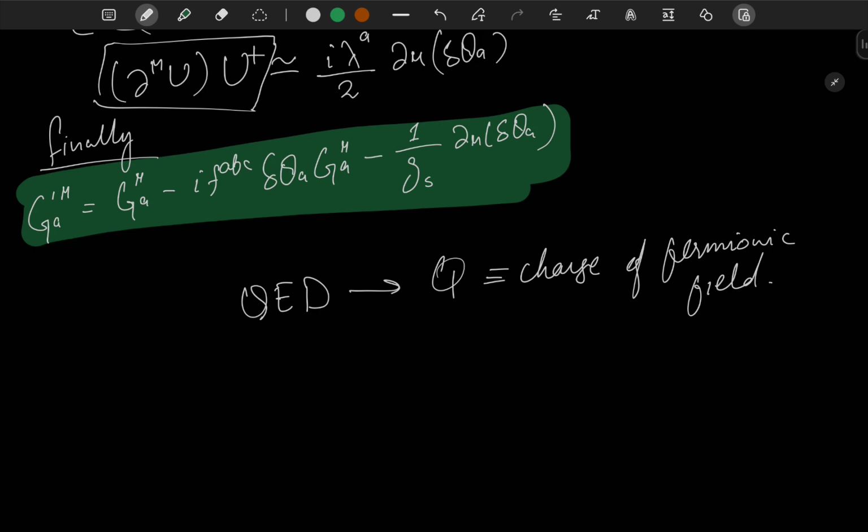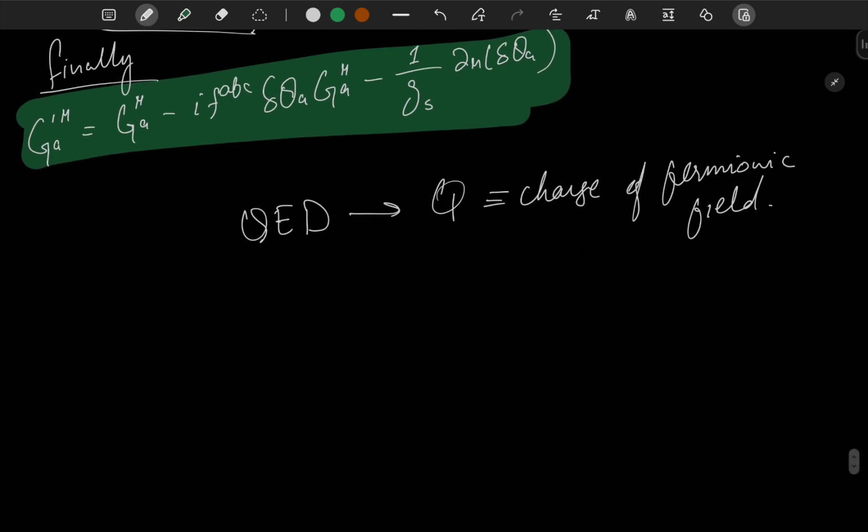So yeah, QCD does not fix the charge of fermions like it was in QED case. So this theory, QCD theory, has not any restrictions on the charge. It can be 1, 2/3, 1/3, whatever.